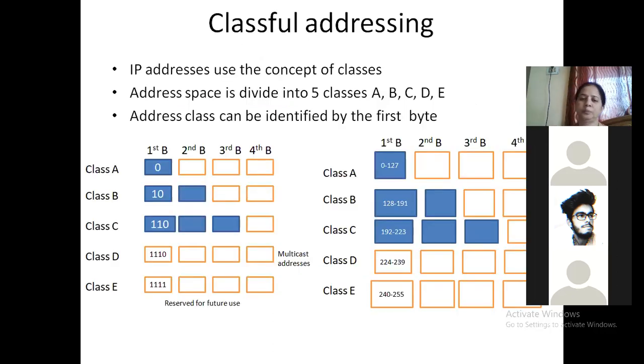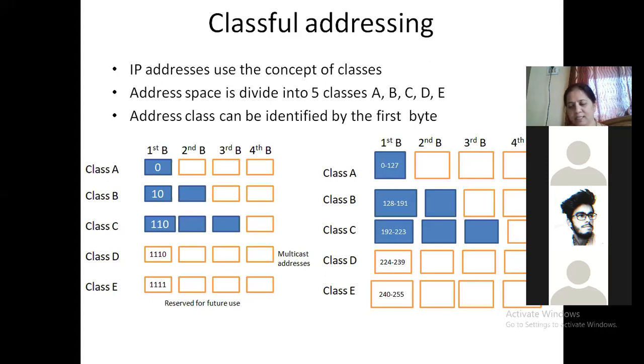Okay. Now, generally in the internet, we have an addressing scheme, which is called classful addressing. The internet addresses make use of this scheme, which is called classful addressing. Now, what is classful addressing? The IP addresses make use of classful addressing, in which the whole of the address space, the 4 billion addresses that we have, is divided into 5 classes: class A, class B, class C, class D, and class E. Okay, I'll repeat again.